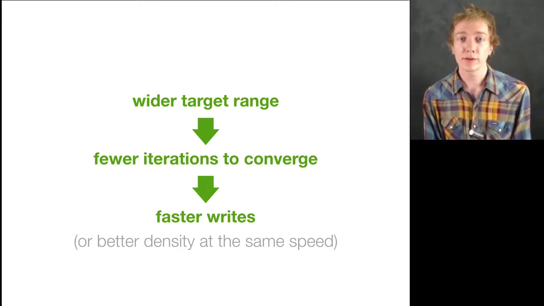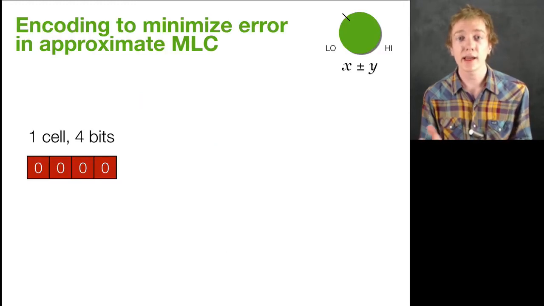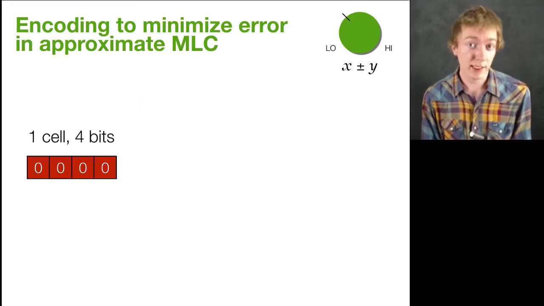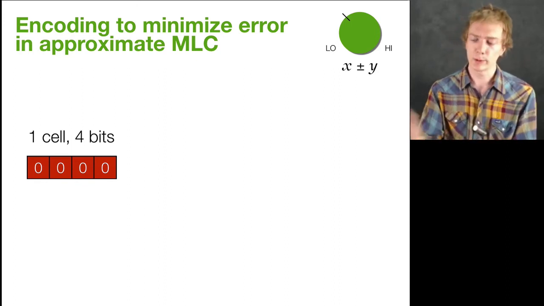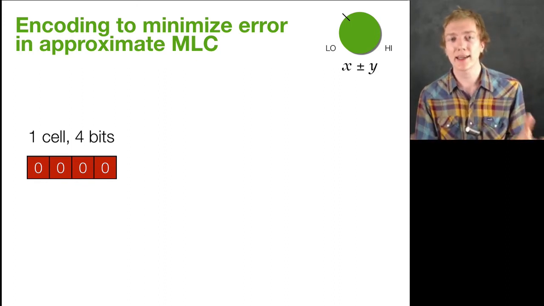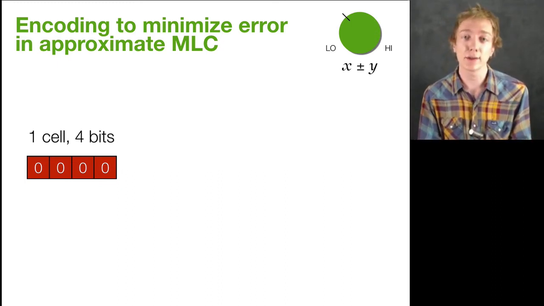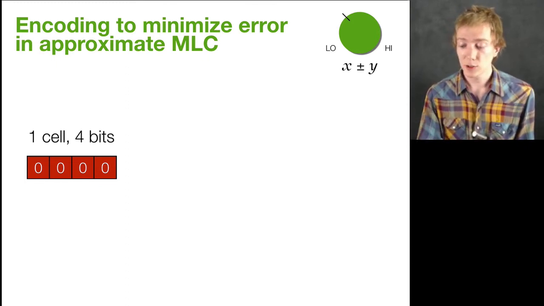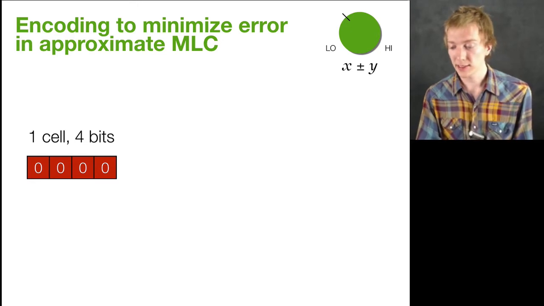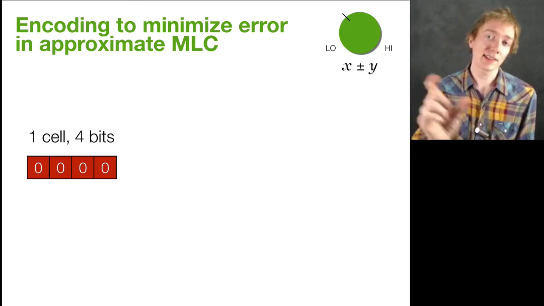Now we'd like to move on from the mechanism to one of the ways that we can reduce error in stored values in approximate MLC configurations. And this goes back to the theme I asked you to remember before about how to mitigate the magnitude of errors in stored approximate data. One of the interesting things about approximate MLCs is that they exhibit really good error characteristics if you want to store values that are the same width as your cell.